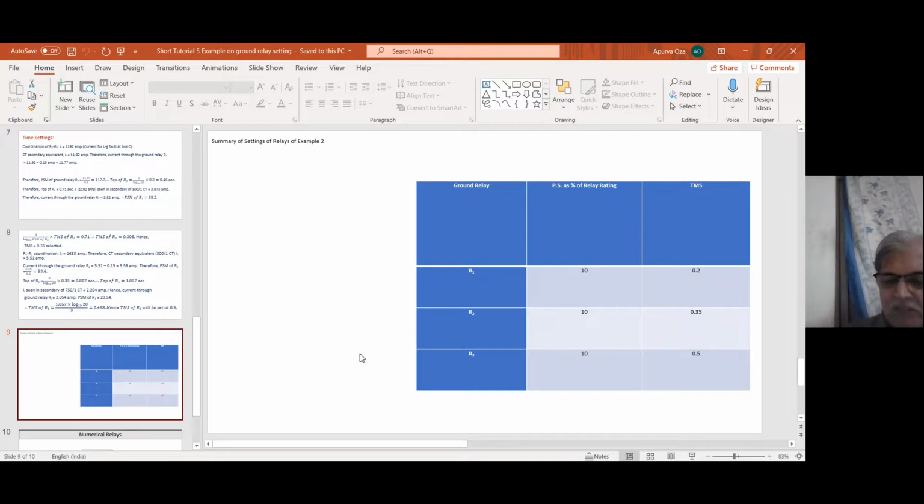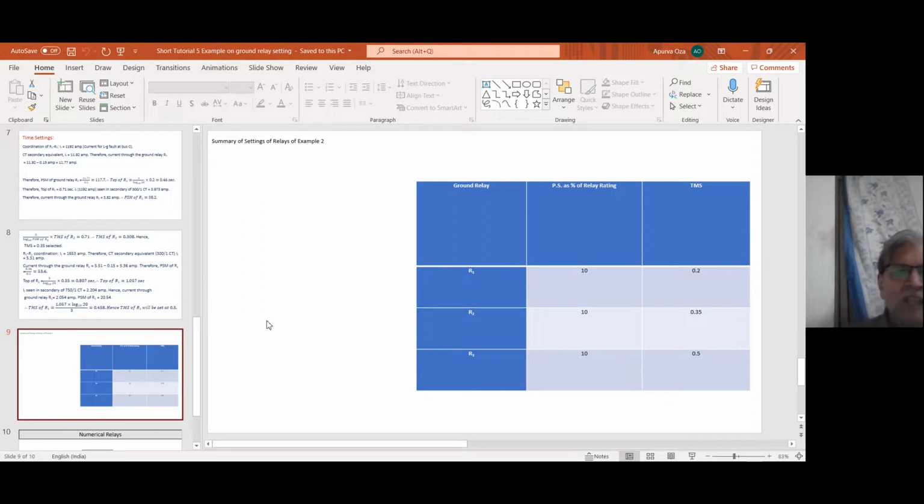So it's difficult. I have to re-deliver, or I have to make correction in my presentation. But I hope it is not very difficult to understand. Only thing you have to do is the first relay is R3, second relay is obviously R2, and the third relay is R1. Then everything is correct.